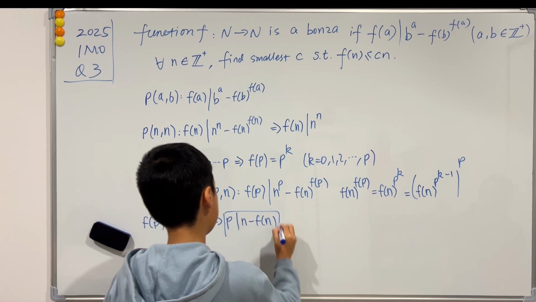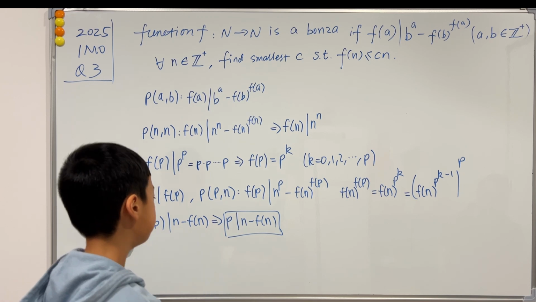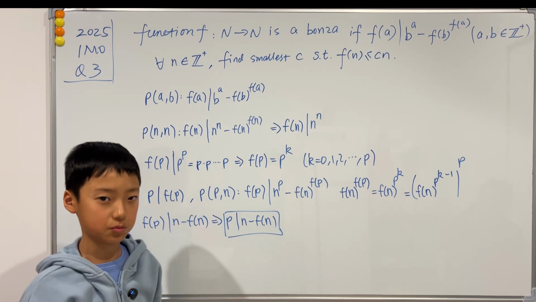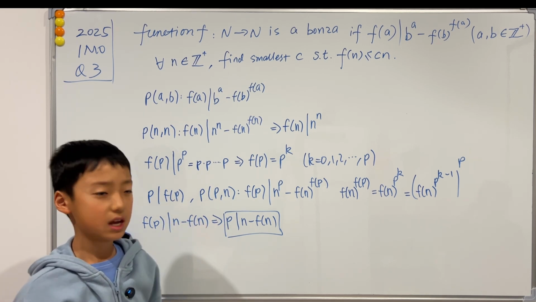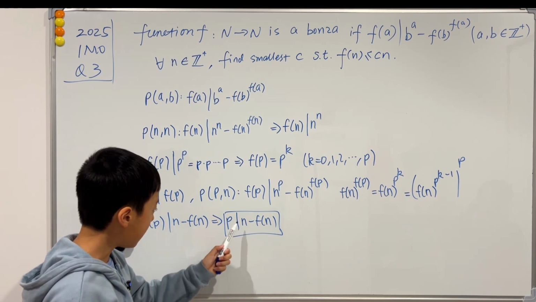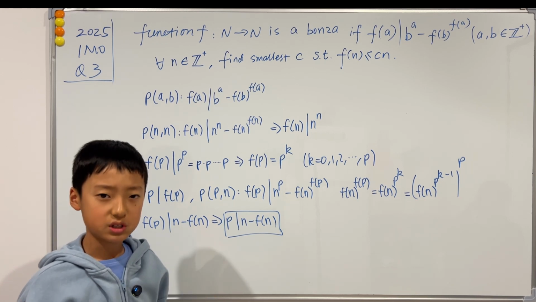And this is also a very important identity, okay? Because this is actually, for some values of p, impossible. Because there are infinitely many primes in the set of positive integers, right? But n - f(n) is just a given integer.